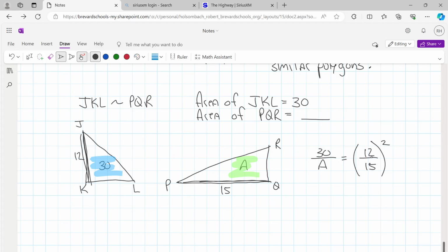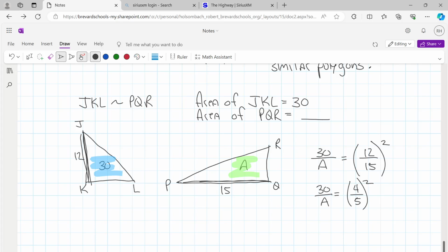Now, we can take this 12 over 15 and simplify it because they're both divisible by 3, aren't they? So I'm going to rewrite this as 30 over A is equal to 3 goes into 12 4 times, and it goes into 15 5 times, squared.